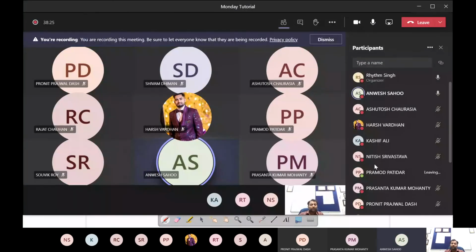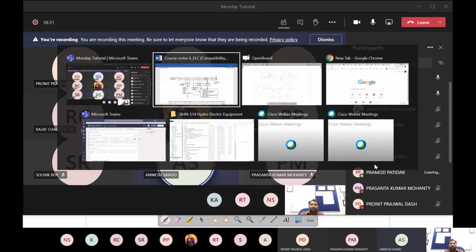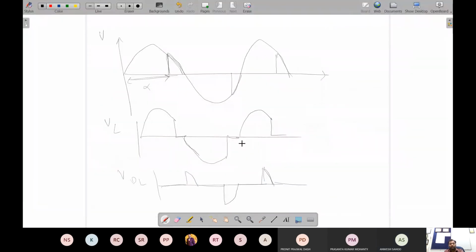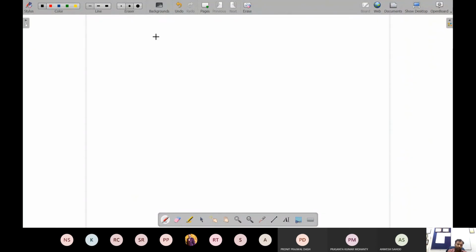Sir, how is the frequency related to the controller? In the microcontroller one, how does the frequency sensor work? These are two different sets of controllers, and the frequency sensor can be any of those different sensors which are used even for normal governor operation.